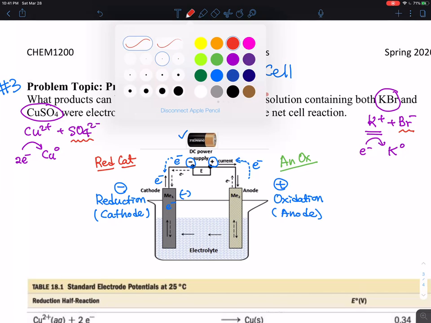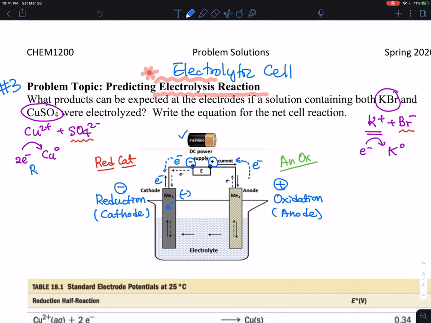So let's talk about the reduction. On this side, we can imagine that potassium plus is competing with copper 2 plus. Which one do we want to get reduced? That's what's happening on the cathode side, whereas on the other side, bromine minus wants to be oxidized over SO4 2 minus.